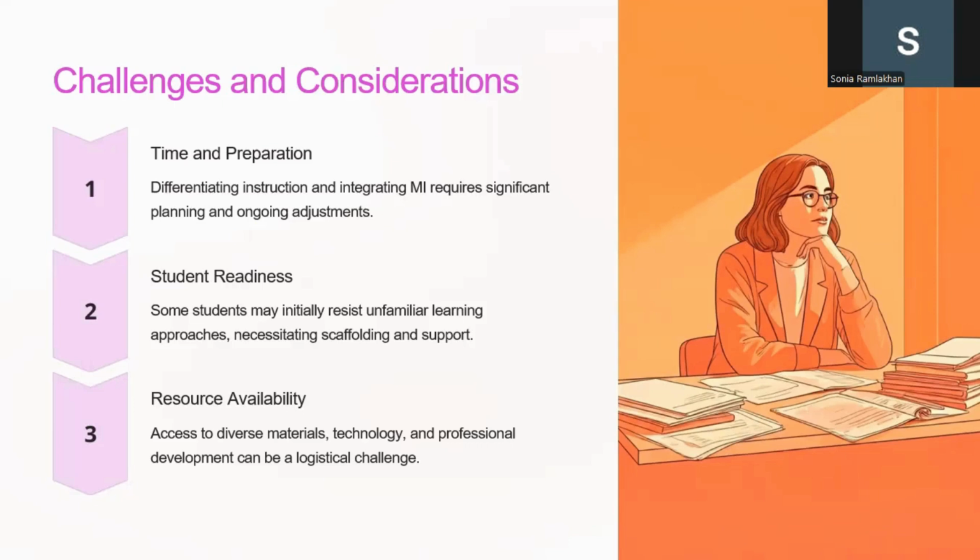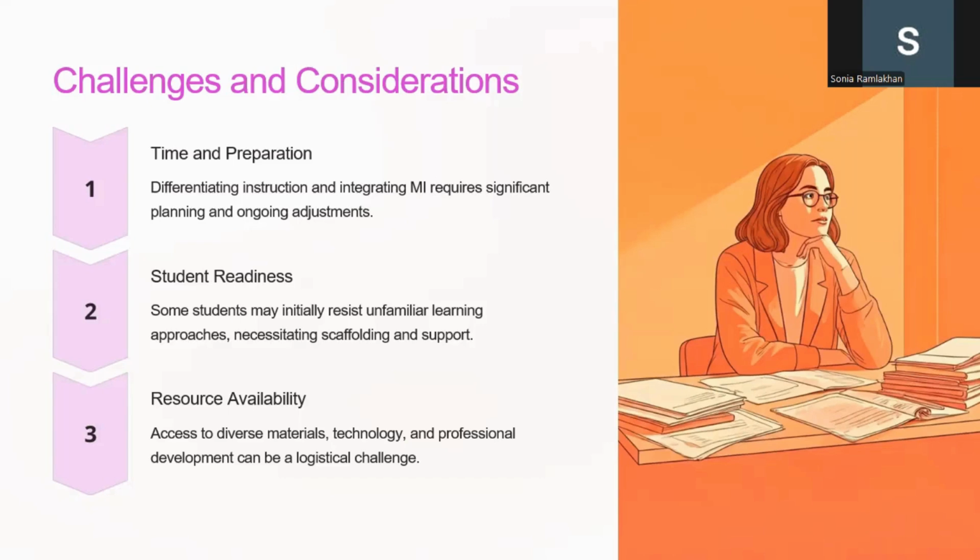Number two, we have student readiness. Some students may initially resist unfamiliar learning approaches. Teachers should scaffold new strategies and provide support to ensure all students feel comfortable and confident in exploring different learning pathways.